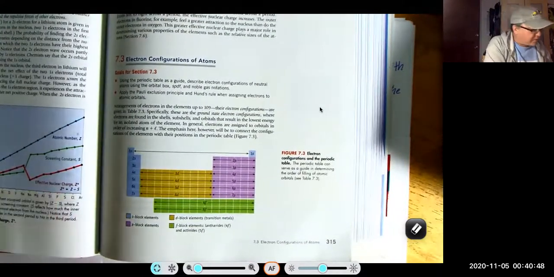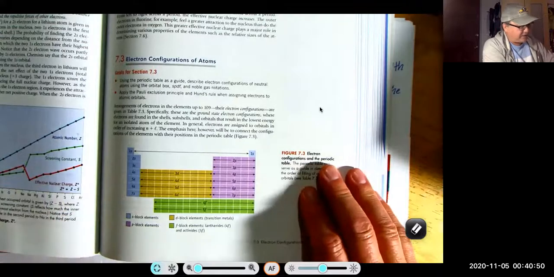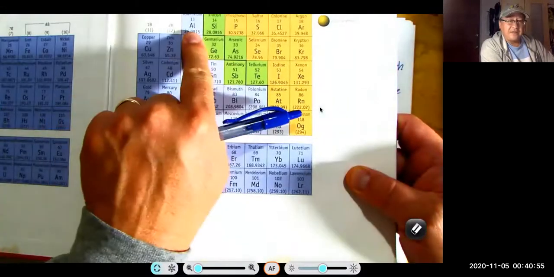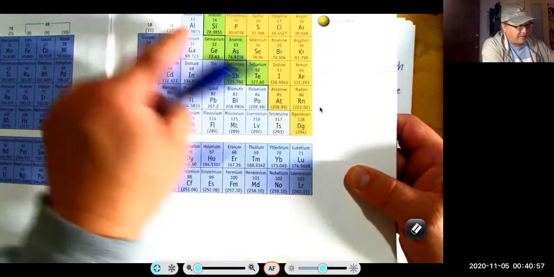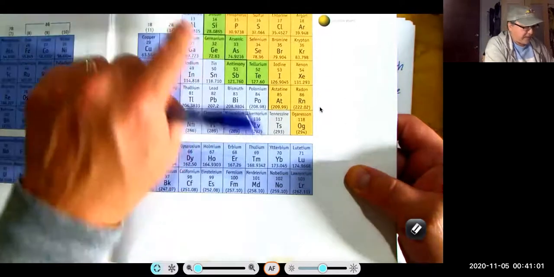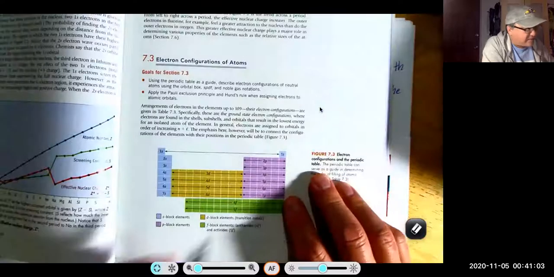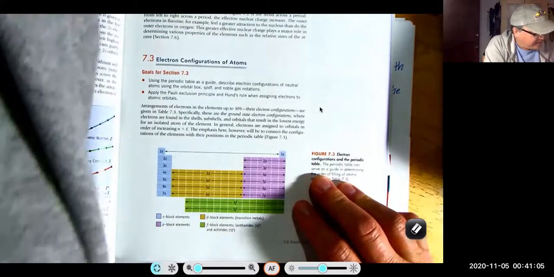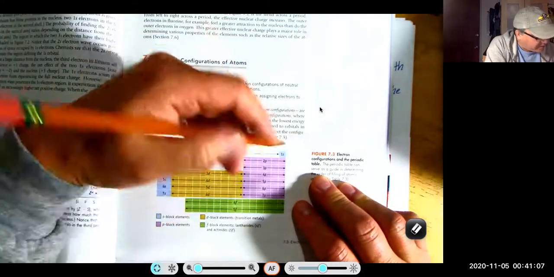So where is aluminum in all of this? Well, if we take a look in the front of our book, we'll see that aluminum is right there. So that is just above the castle wall. And that would be right here. I'm going to write in pencil. So this would be aluminum.